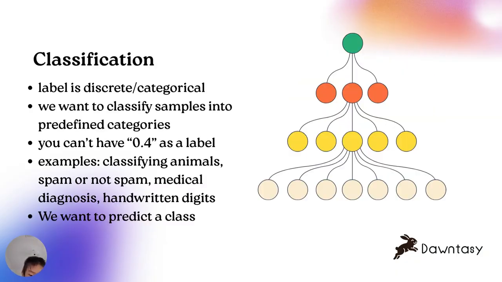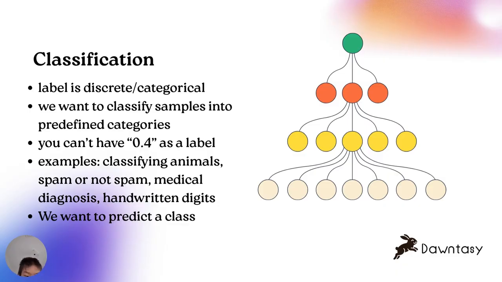That's one type, but there's also classification, in which the label is discrete or categorical. Instead of being any number, like 5 or 50, the label has to be a category. For instance, spam or not spam, animal or plant, or medical diagnosis, whether you have the condition or you don't have the condition.